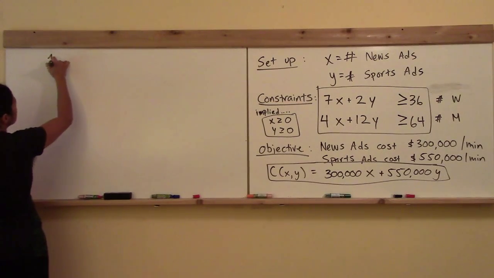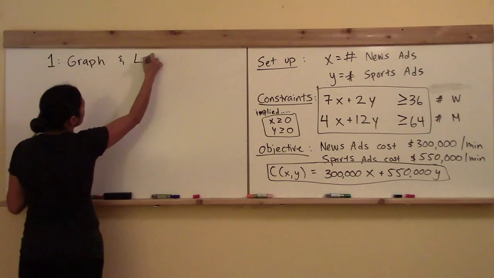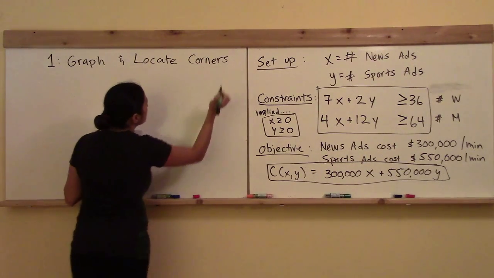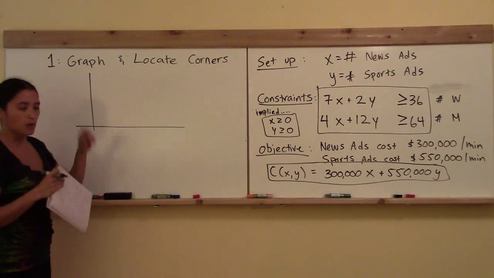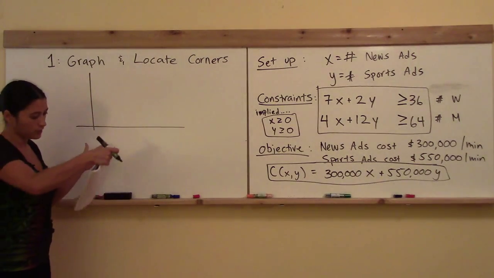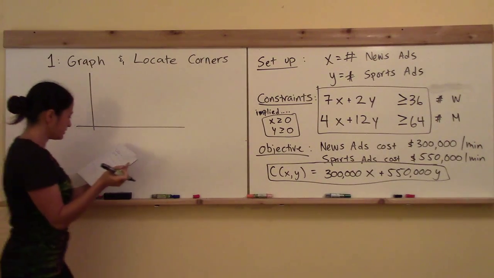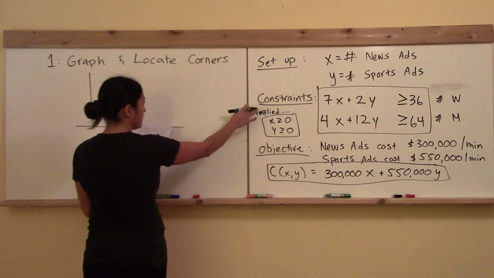Okay, so again, step one, graph the region of feasibility and locate the corners. Really, the corners are what we're after, but we're not going to be able to analyze that without a nice graph. Okay, so I want you to practice this by yourself, but really what I would do here is I would take this and solve each one of these for y in terms of x.